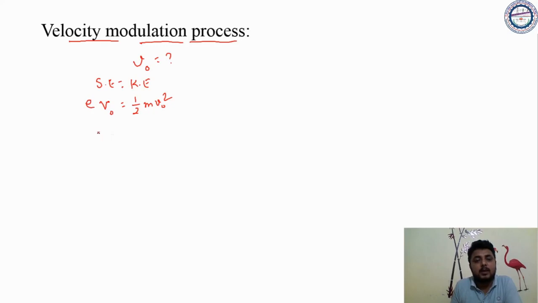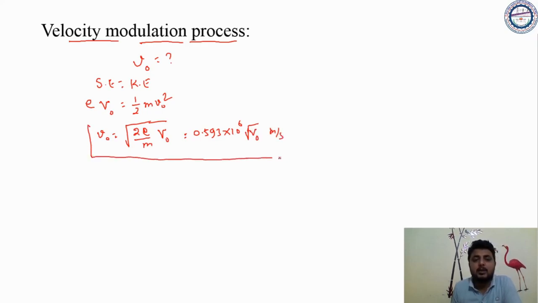By using this we find the velocity v0 is equal to square root of 2e by m into V0, which is 0.593 into 10 to the power 6 into square root of V0 meters per second. So this is the initial or uniform velocity which is applied.